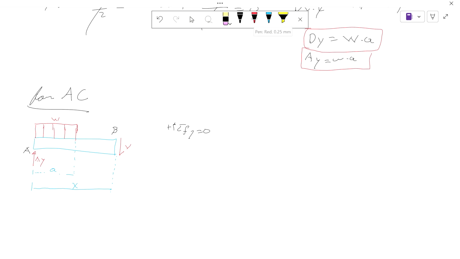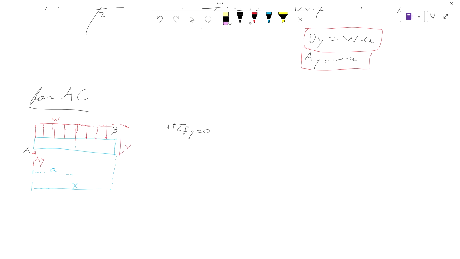So actually, we need to know what is the shear under any arbitrary load. If we do it at a distance of 0 from A, we just did that. We need to do it within B, so we know V within this section.